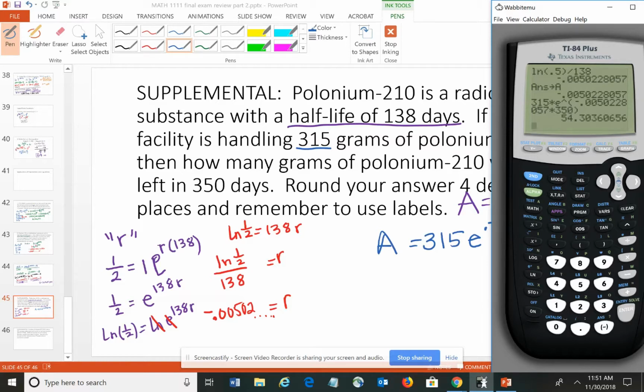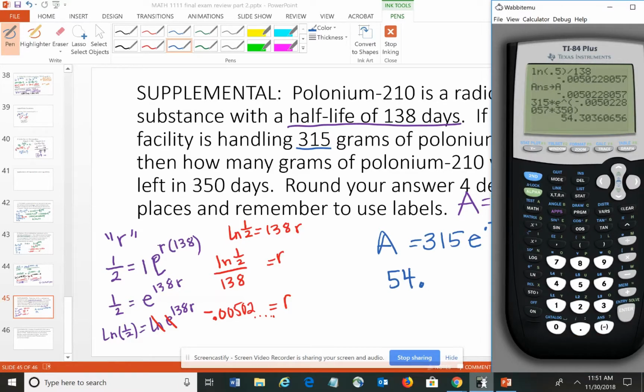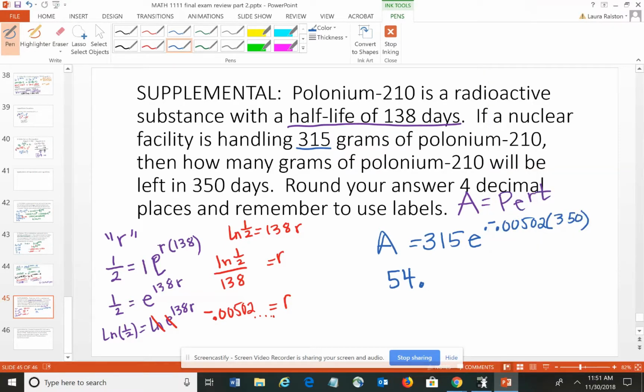Okay, and you get 54.3036, and they wanted 4 places. So we would say that there are 54.3036 grams of polonium left. And again, they want you to give the units because it says to use labels.